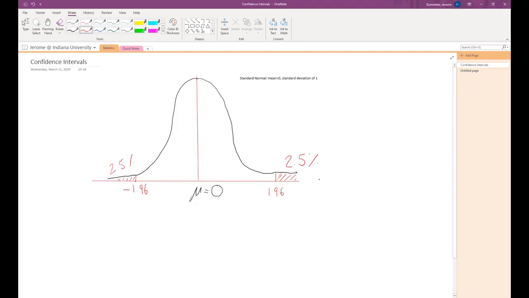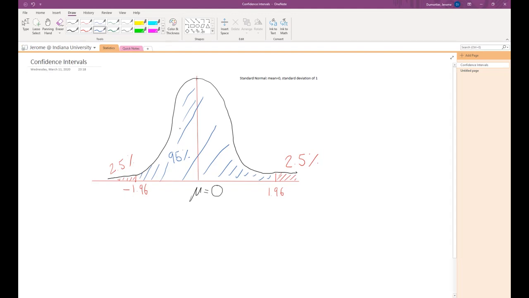Okay, so note that in the middle we have 95%. So 95% is the rest of this entire area here. Now note that this 95% is going to play a very important role, because remember that we are going to construct confidence intervals usually based on 95%.